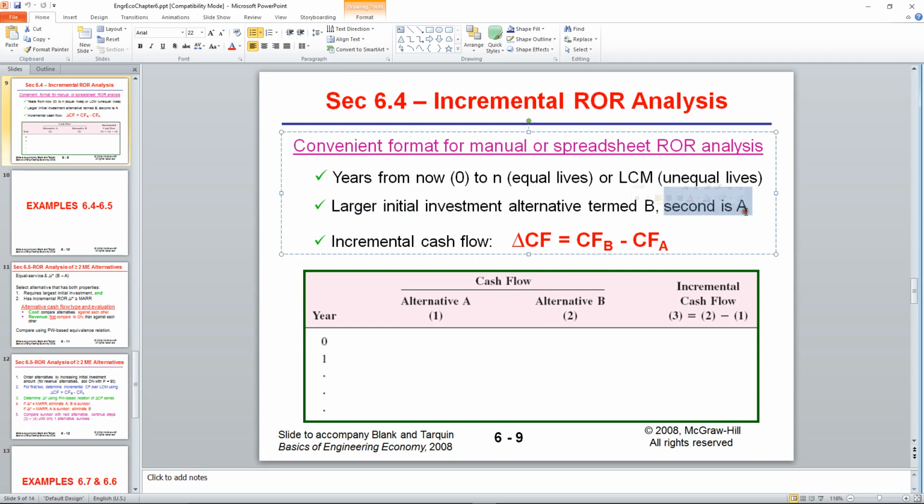Column number 1 will be the one with the least investment from the 2, and that's the one that you're going to be putting in alternative A. Then the very last column where it says incremental cash flow, it's basically just the cash flows from alternative B, meaning column 2, minus the cash flows from alternative A, which is column 1. So you're going to be subtracting column 2 minus column 1.